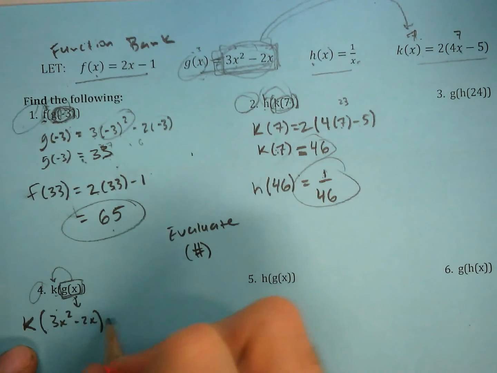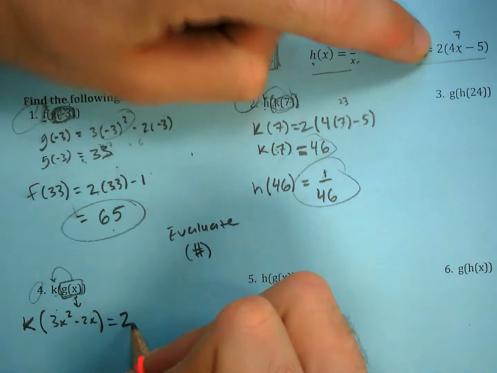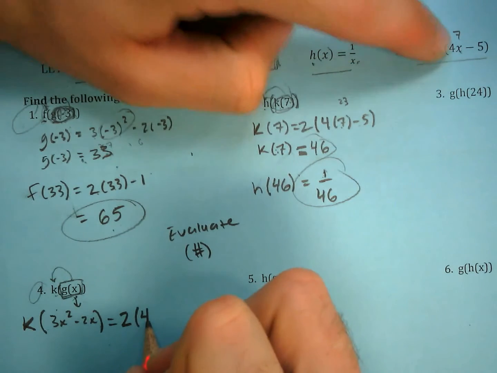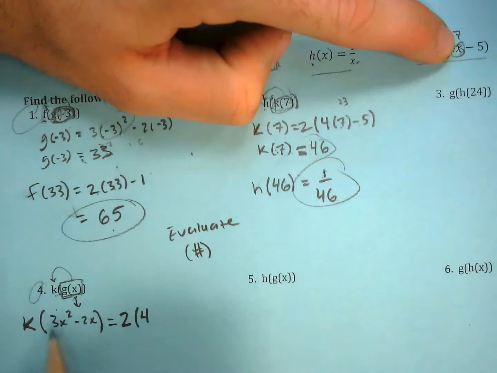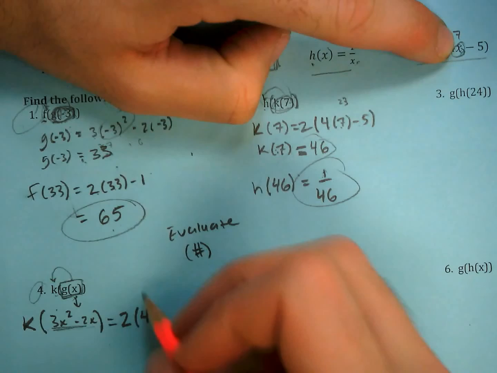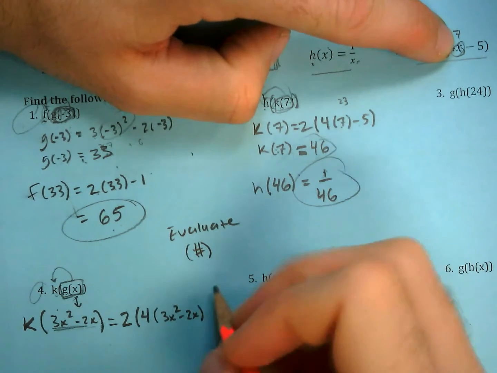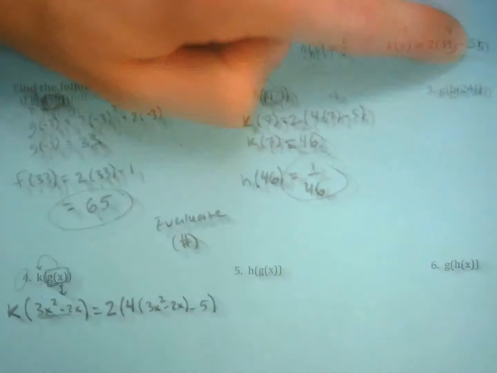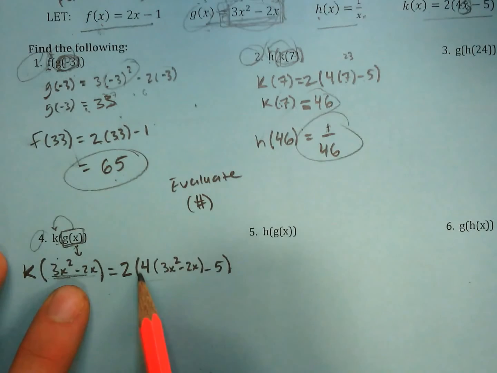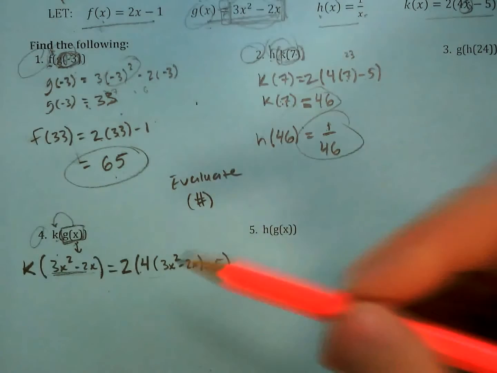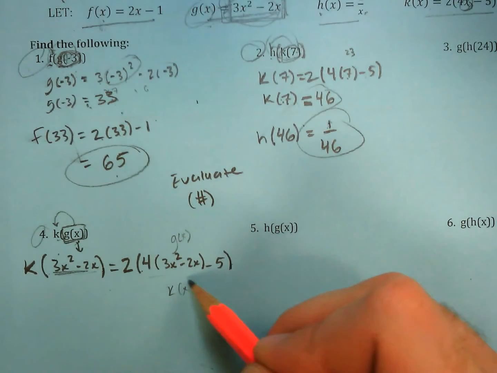That's g of x. k of x equals 2 times 4, now instead of this x up here, what are we going to put? All of this stuff. Minus 5. This is almost like you kind of did the work here. Like, this is composed. G of x is inside k of x.